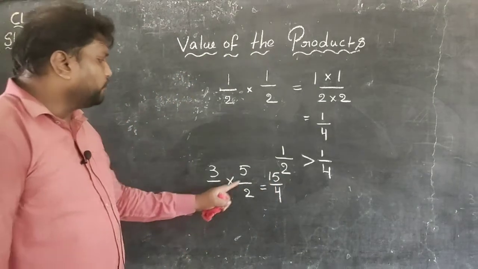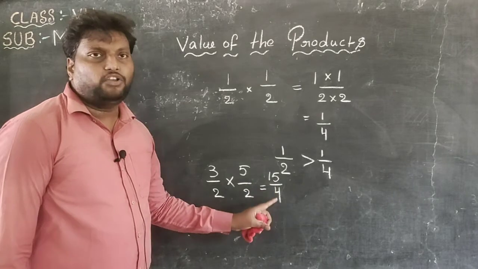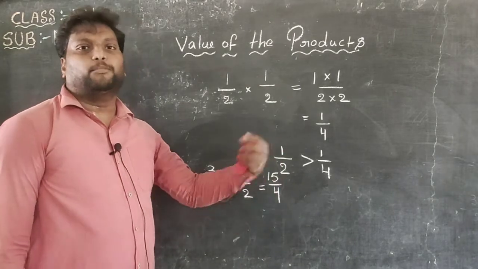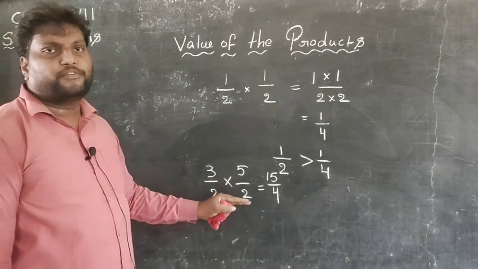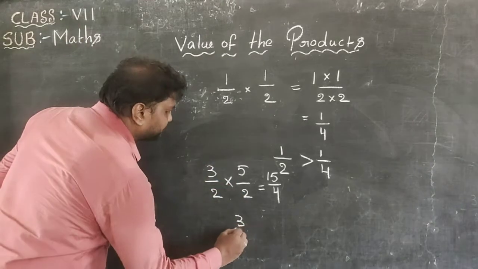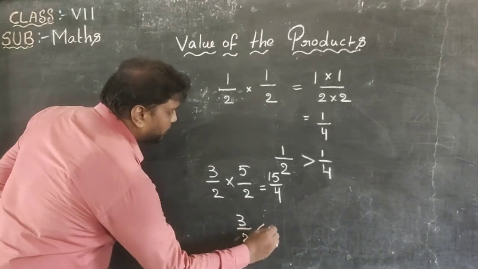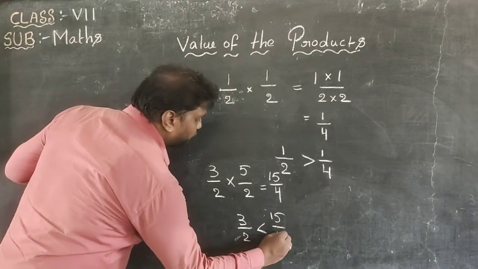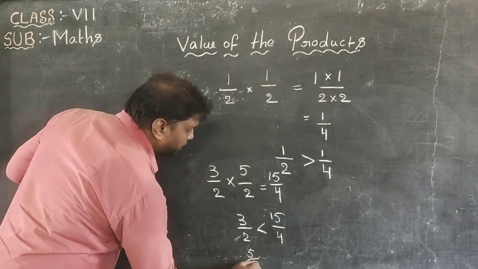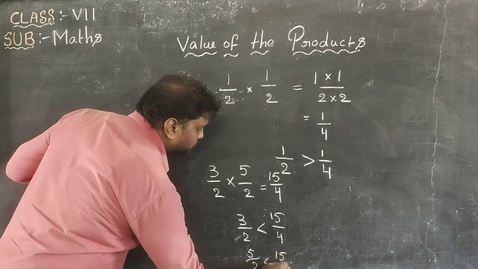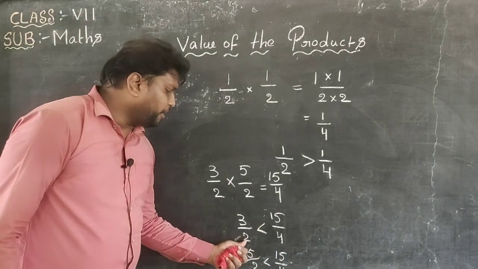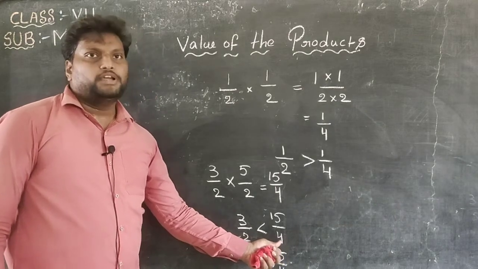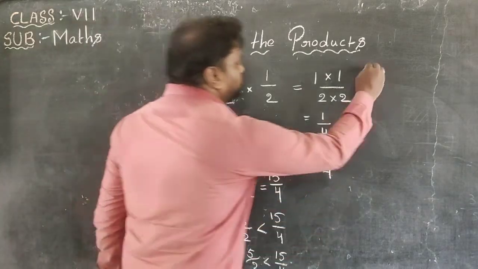The product of two improper fractions will compulsorily be more than these two fractions. The product of two improper fractions, 3 by 2 and 5 by 2, is 15 by 4. Here the denominator is 2, and here the denominator is 4. Then we convert 3 by 2.